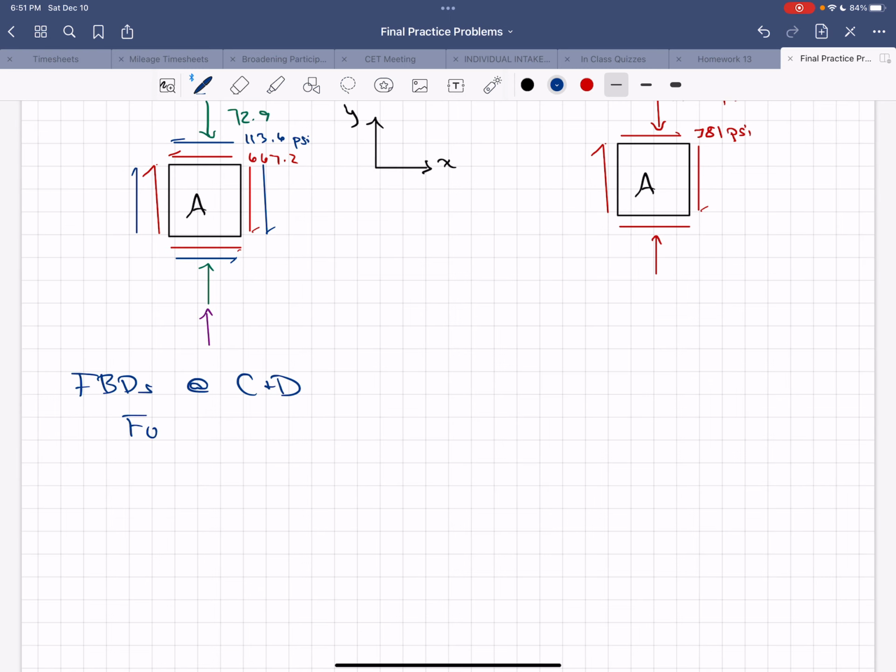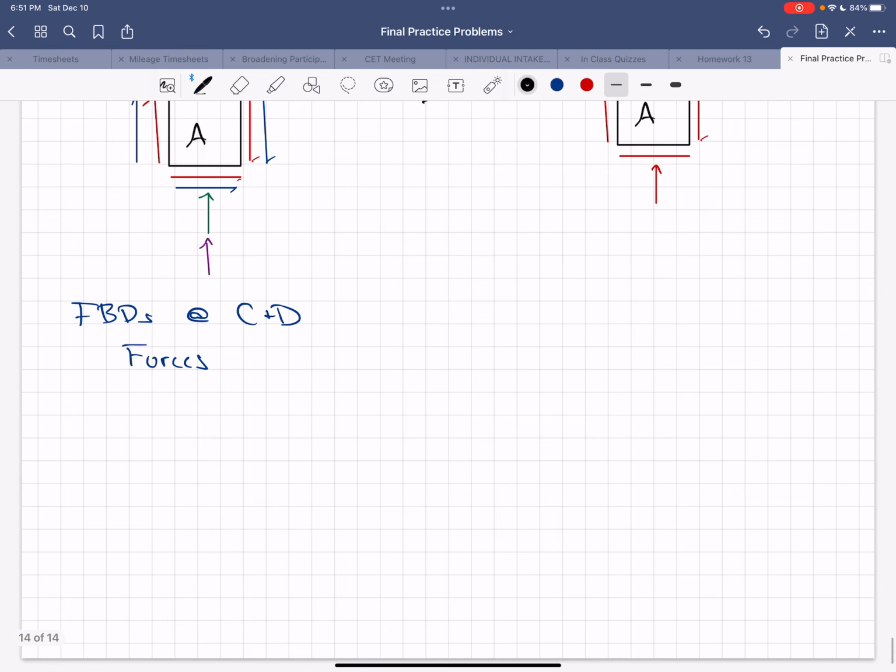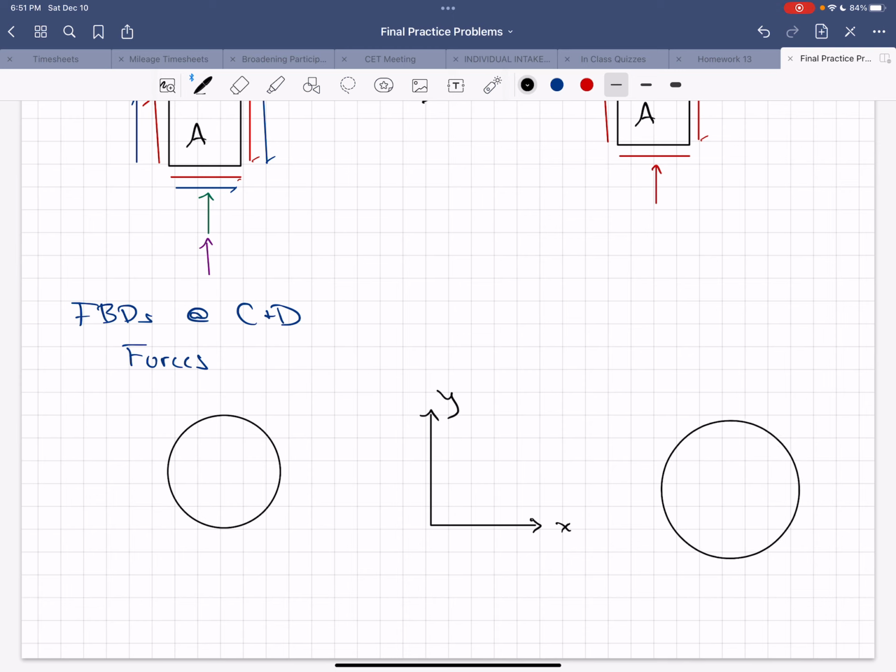Here we have forces. We draw our circle. We draw our axis. It's going to be X and Y. And we draw another circle, really drawing these big. Okay. So for forces, in the X direction, we have PX, it's 320.